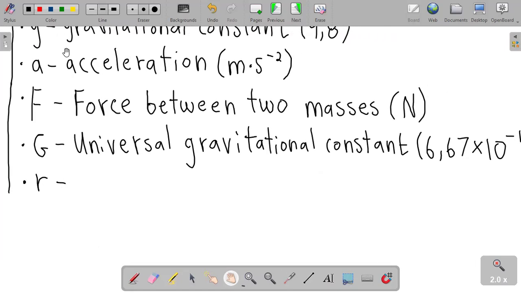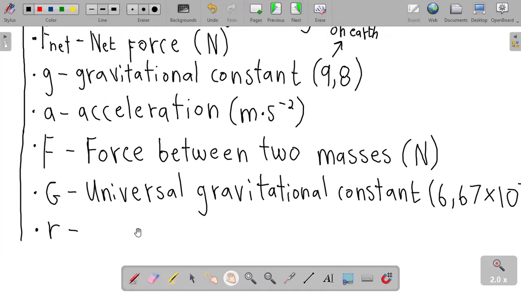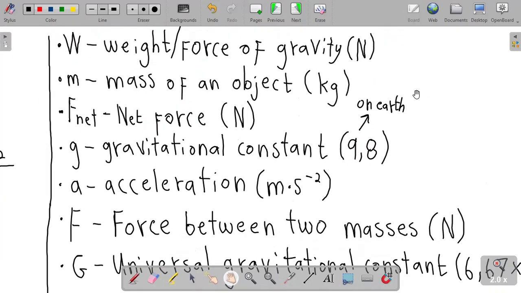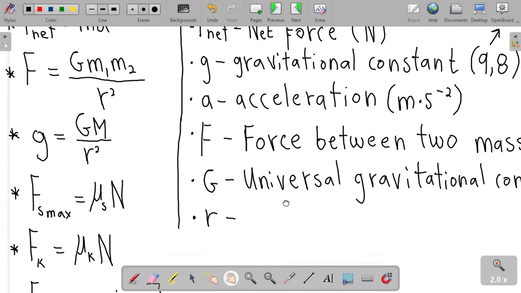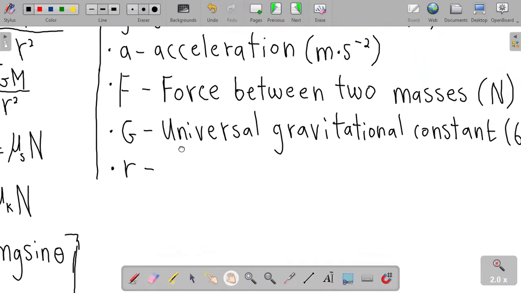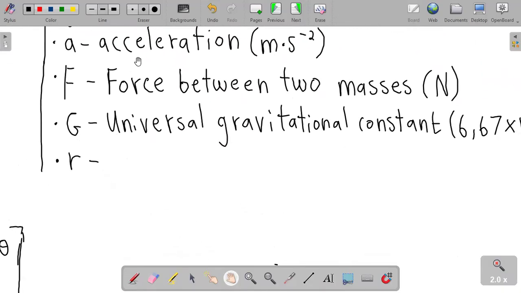Then the R here could be radius. So it could be two things. If it's between the two objects, let me use the distance.